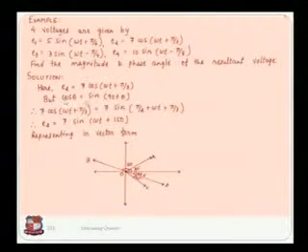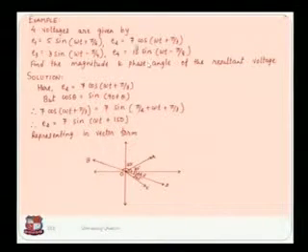As we know, cos theta is equal to sine(90 plus theta). So 7 cos(omega t plus pi by 3) is equal to 7 sine(pi by 2 plus omega t plus pi by 3). So your equation is like this: E2 is equal to 7 sine(omega t plus 150).